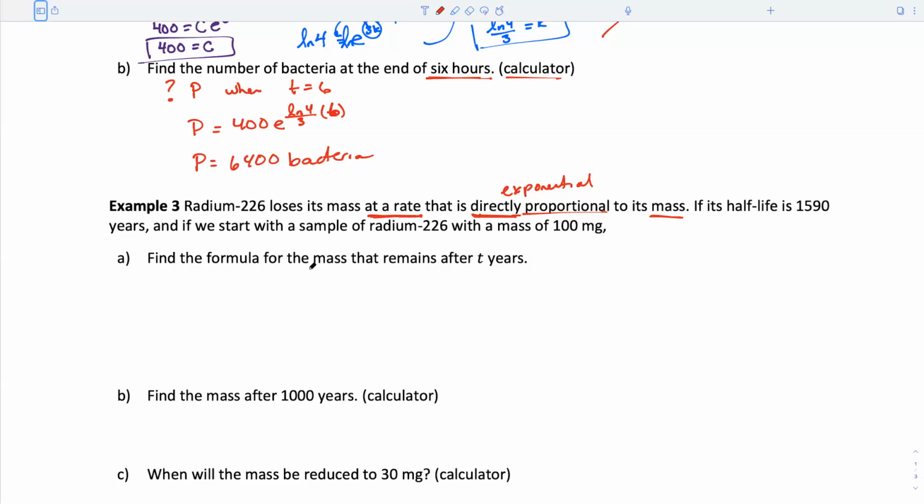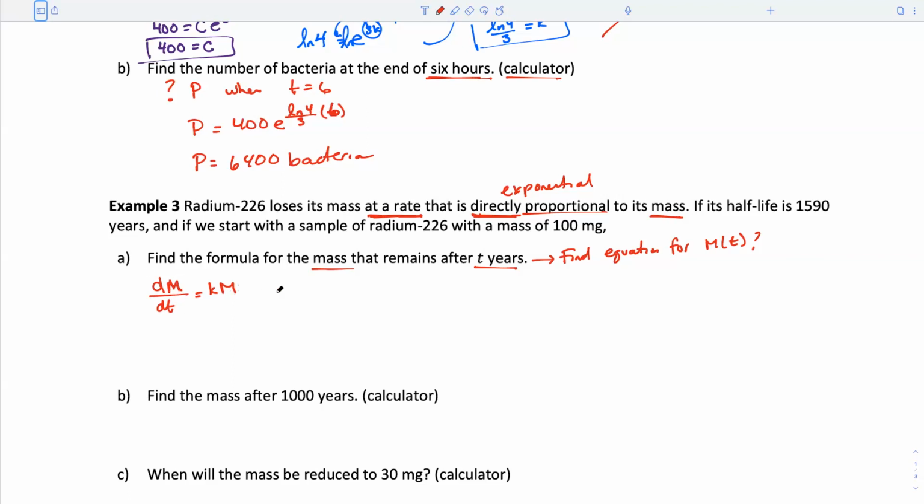So we want to find the formula for the mass that remains after t years, which basically means find the equation for m of t. And the way we can start this is with the information that's given to us, and that's dm/dt is equal to k times m, right?